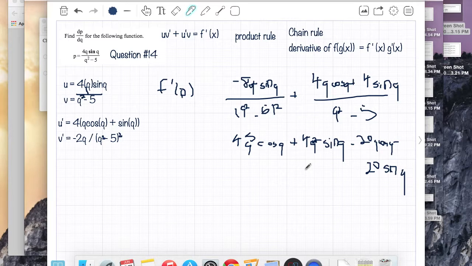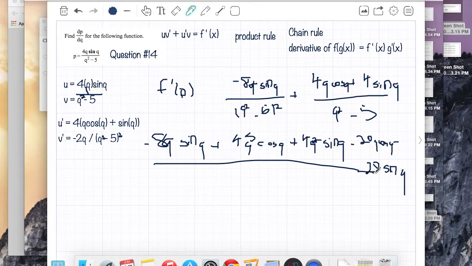Anyway, okay, so now that these are all in the same denominator, we can just add them together. So I'm just going to say over q squared minus 5, all squared.